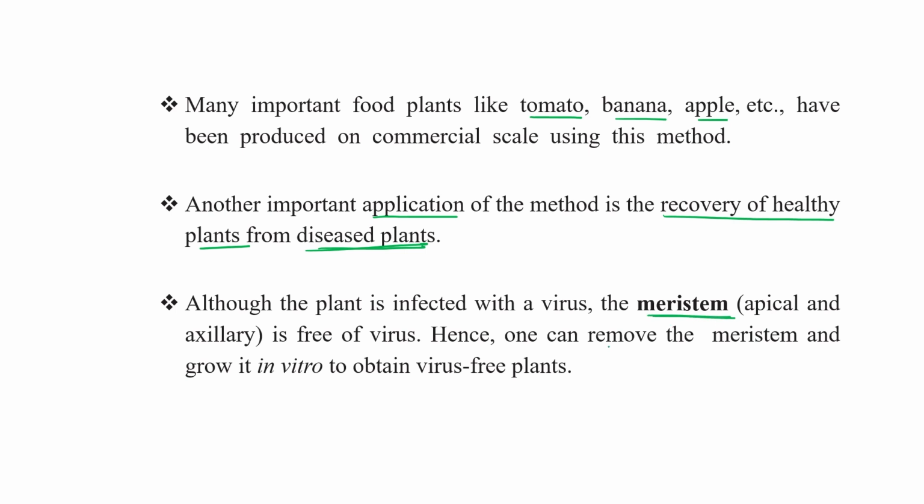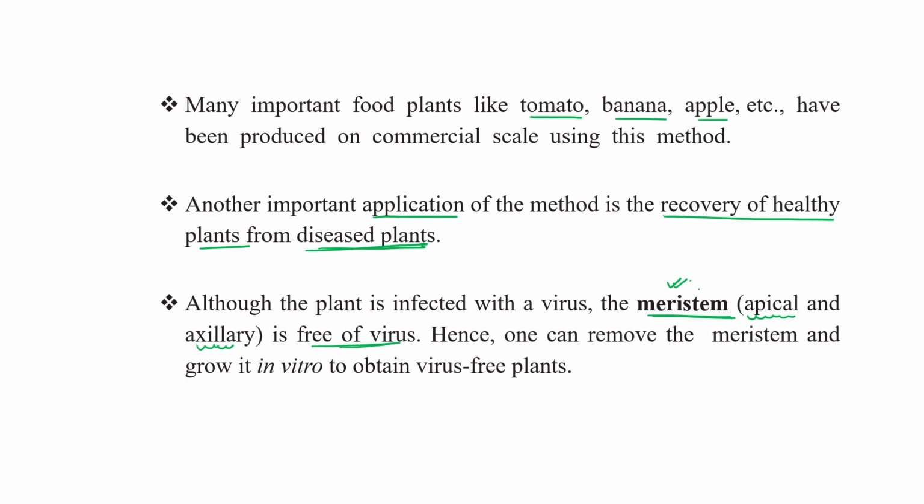Means if a plant is infected with a virus, or viral disease, their apical part and their axillary part are still virus free. So we can just isolate this apical part or axillary part, which is virus free, and the right term for this apical and axillary part is meristem.